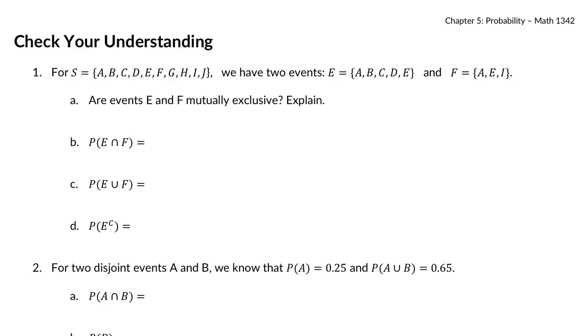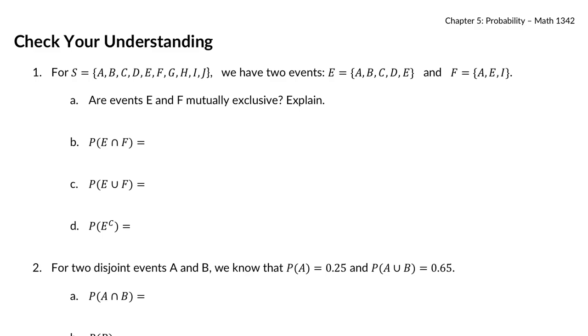This first question says, for sample space A, B, C, D, E, F, G, H, I, J, there are 2 events. Event E is getting the letters A, B, C, D, and E. Event F is getting the letters A, E, and I. Before we do anything else, let's draw a Venn diagram that shows this sample space.